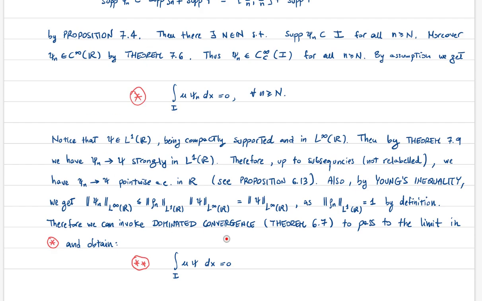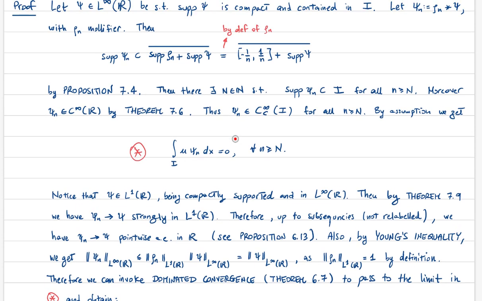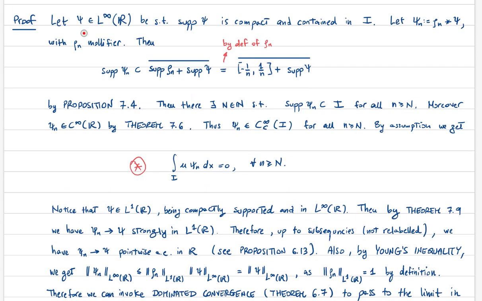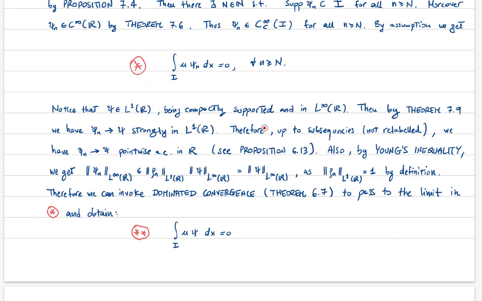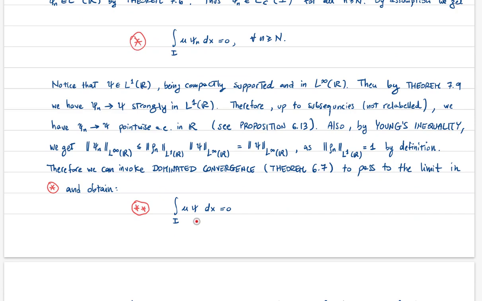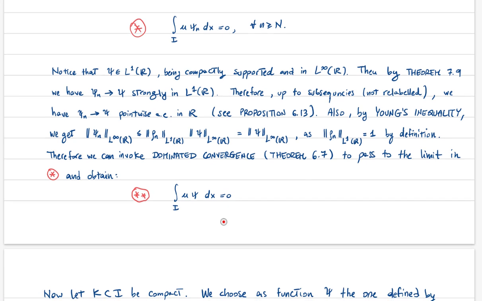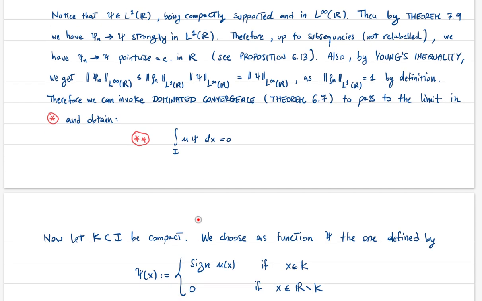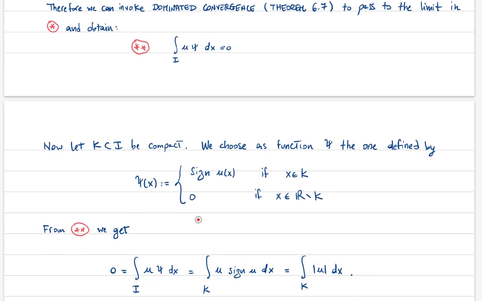Okay, so if we go back, we discover that we just proved that for any L infinity function psi which is compactly supported in I, the integral of u times psi is equal to 0. So now let's choose the function psi in a clever way. Let k contained in I be compact.